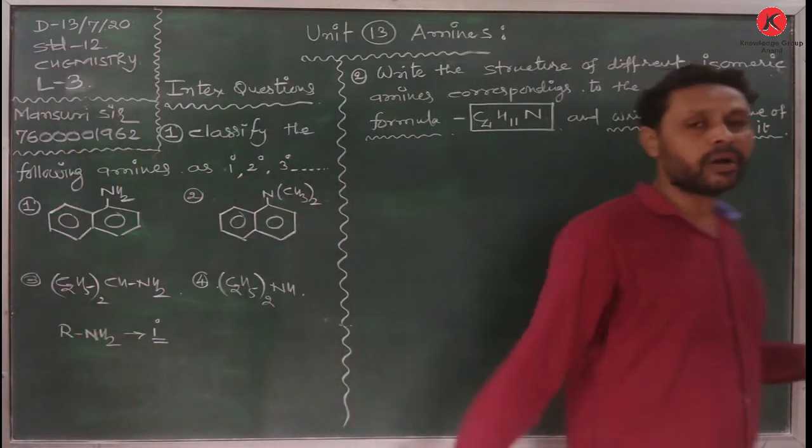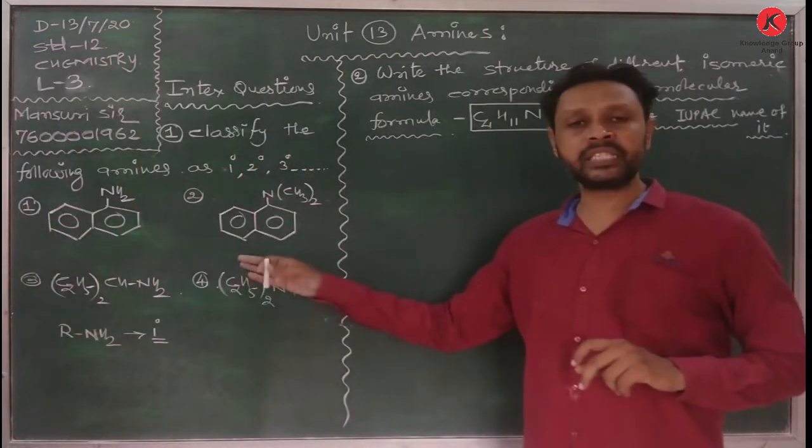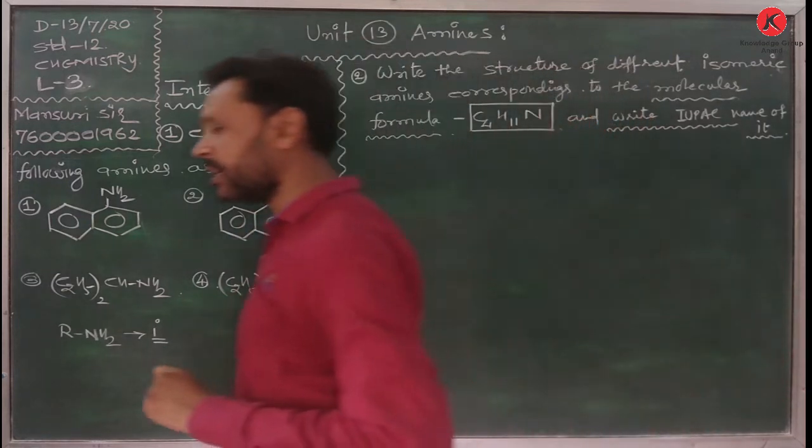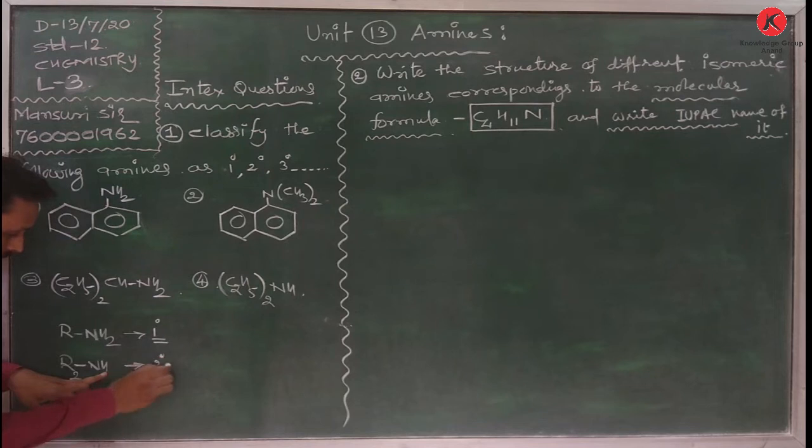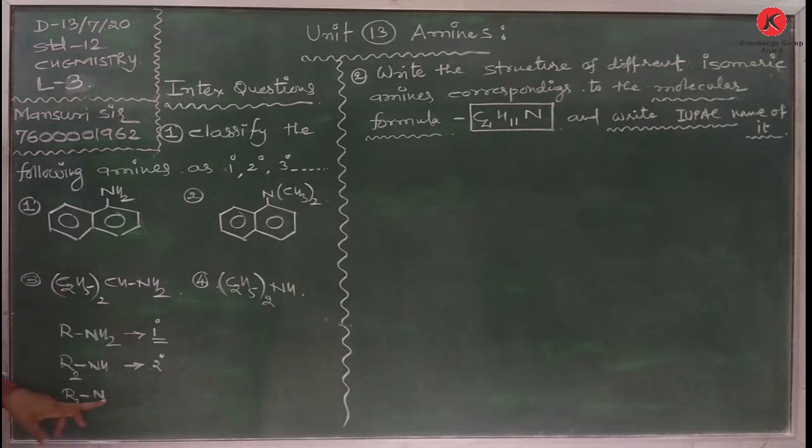As we discussed primary, secondary and tertiary amines in the last lecture. Thereafter, R2NH. That means if nitrogen contains only 1 hydrogen, this is your 2 degree amine. And in an amine, if there are 3 R and no hydrogen is attached to nitrogen, this is known as tertiary amine.